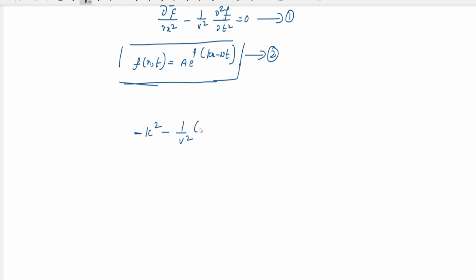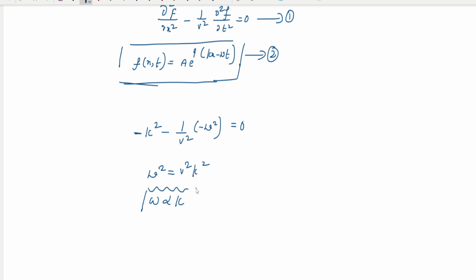So this one is minus omega square, and that equals 0. Therefore I can write omega square equals v square k square, or omega is proportional to k.